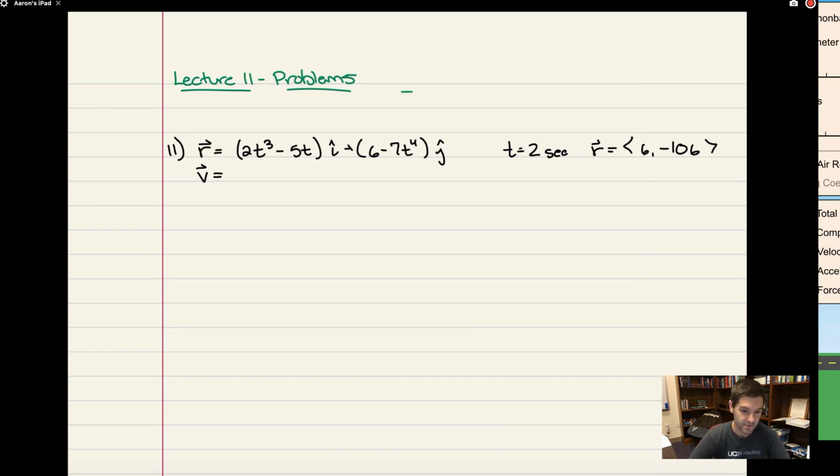The velocity is just the derivative of position. So I could take the derivative of each of these terms with respect to time. This becomes 6t squared minus 5 in the x direction, and this becomes minus 28t cubed in the j direction.